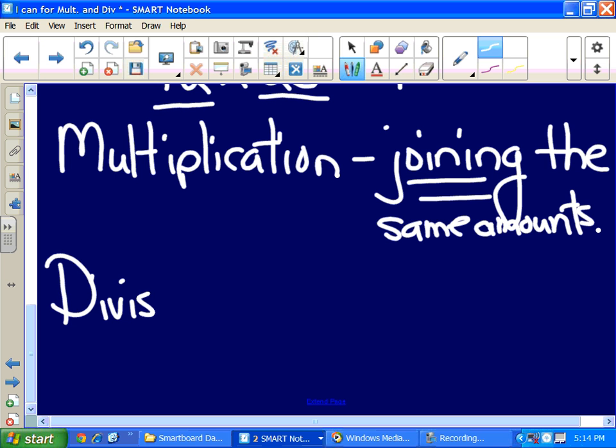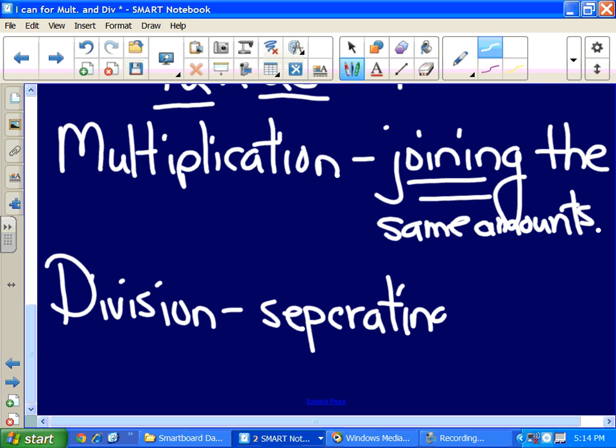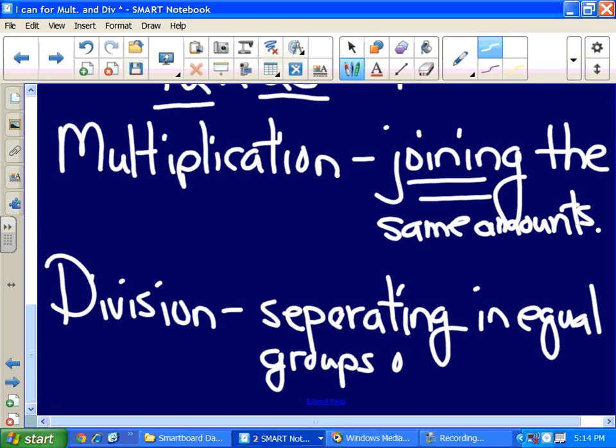Division is separating into equal groups or amounts.